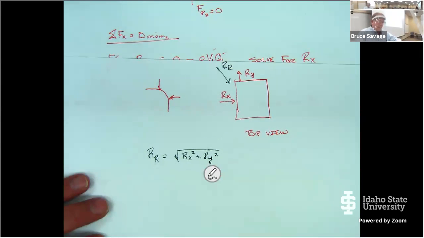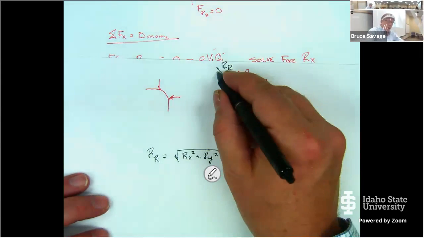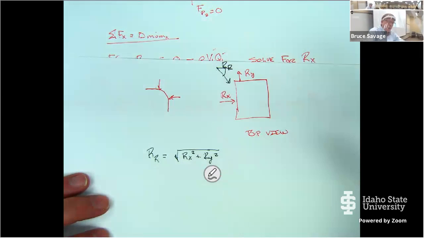Okay. Now, if I wanted to, I could actually find the angle that the resultant force acts, but I really don't care about the angle, because I just want that concrete block to resist the motion.